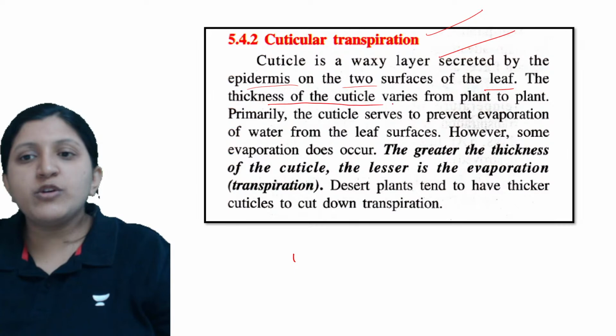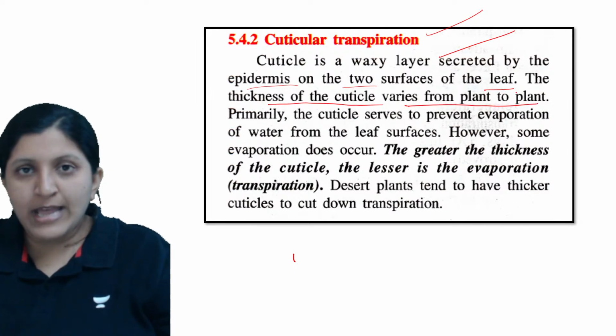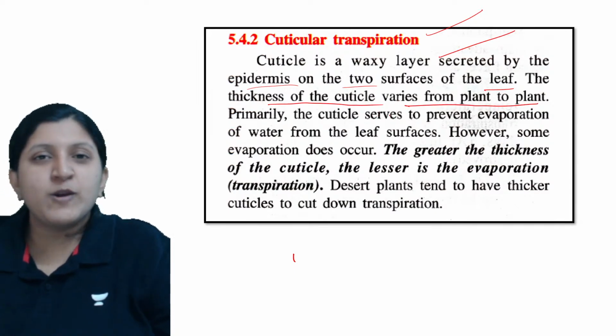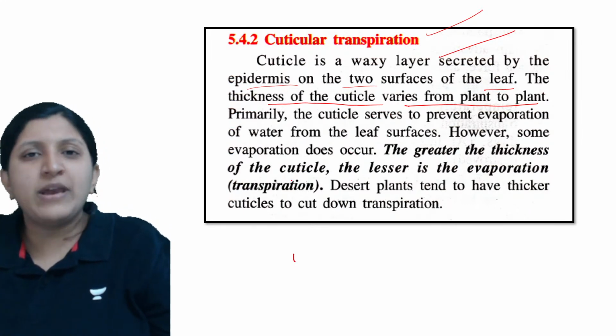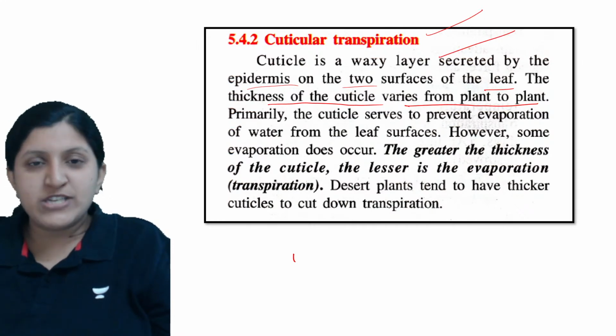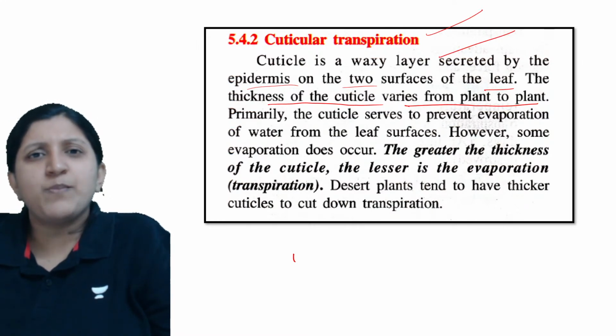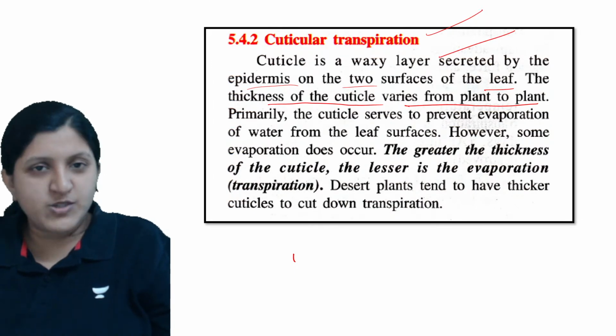The thickness of the cuticle varies from plant to plant. In xerophytes it is thicker, because in desert areas you do not find much water, so these plants have to store water as much as possible and cannot keep allowing transpiration to occur.